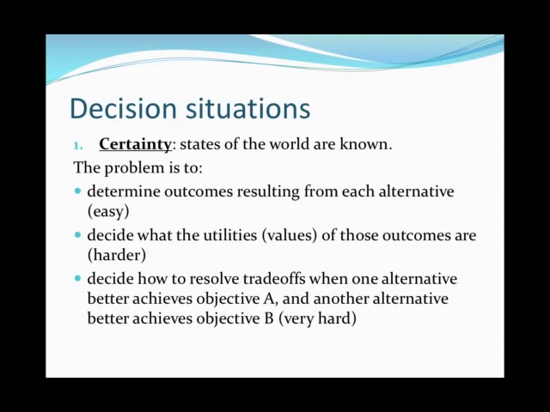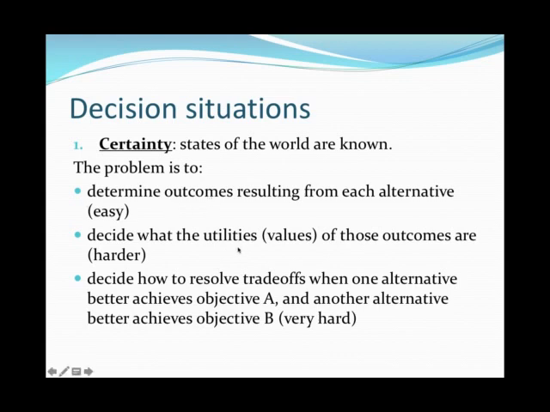Let's give an example again. If we know that every time we give radiation, a patient will get nauseous, and every time we don't give radiation, the patient will not become nauseous, we've identified the outcomes.